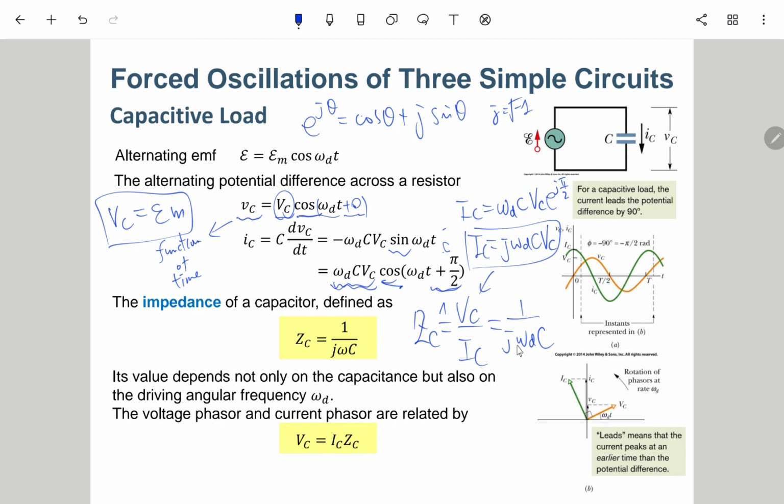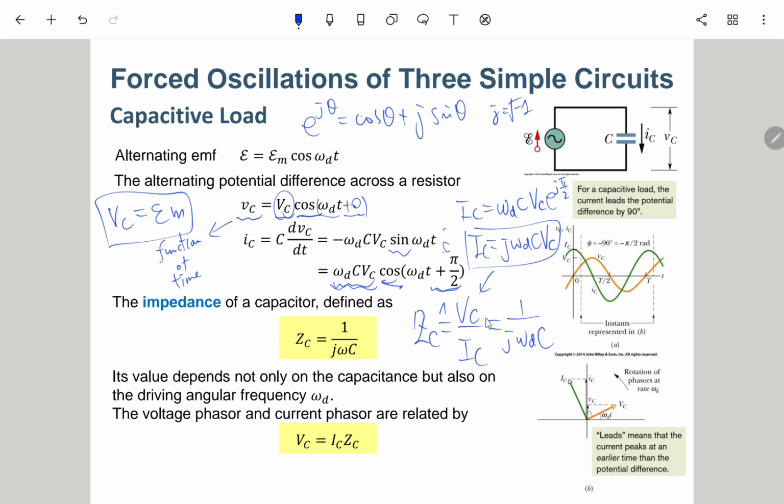And this j in the denominator means this is a plus pi over 2. And next page, for the inductor, it will be minus pi over 2, and then this j will go to the numerator. So the things look like this.